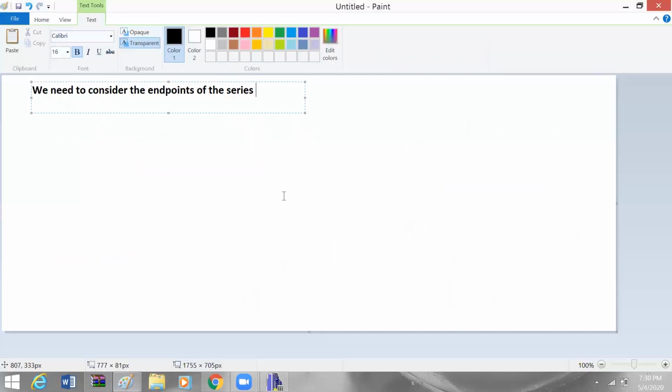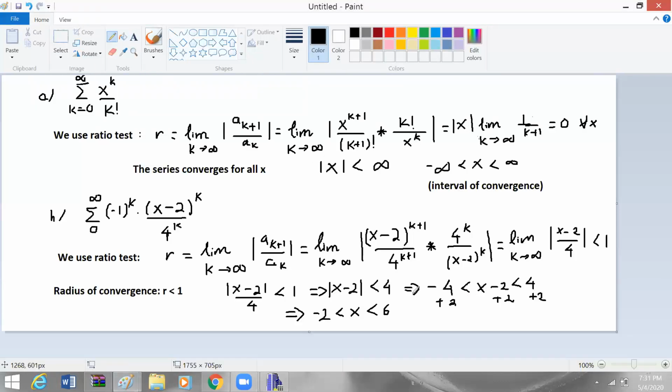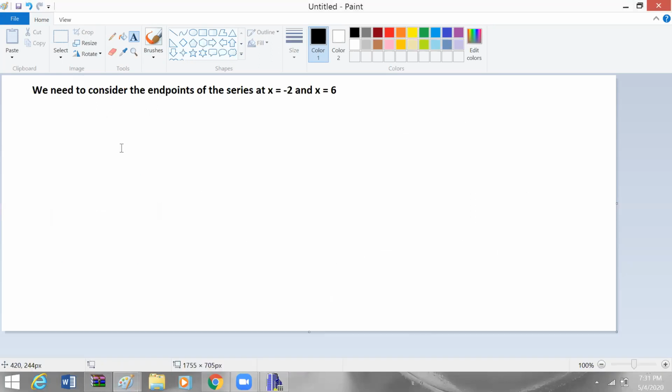And then we need to consider the series at x equals negative 2 and x equals 6. Why do we have to consider the endpoints? Because we don't know if, when x equals 2, the endpoint, the series converges, or when x equals 6, the series converges. So I need to rewrite the series that we have right there.